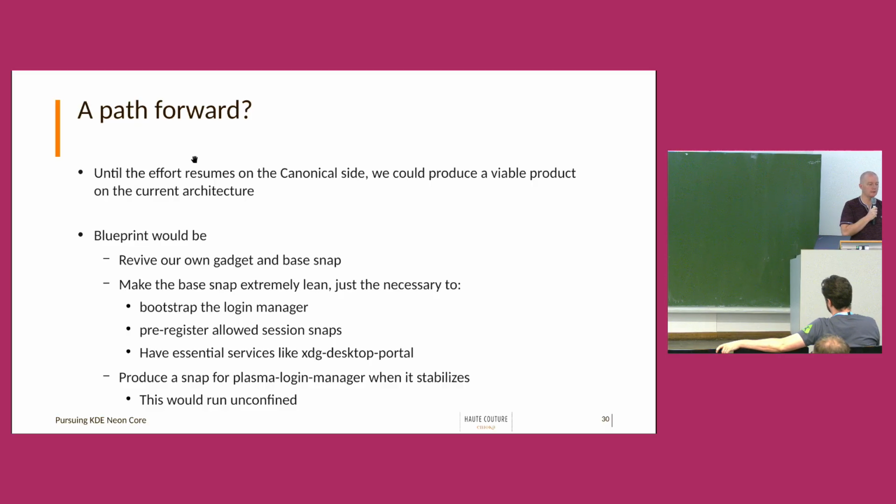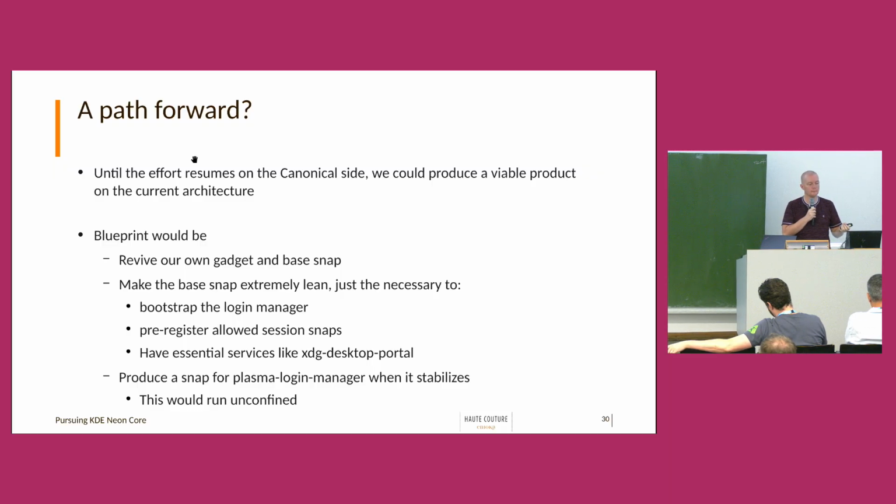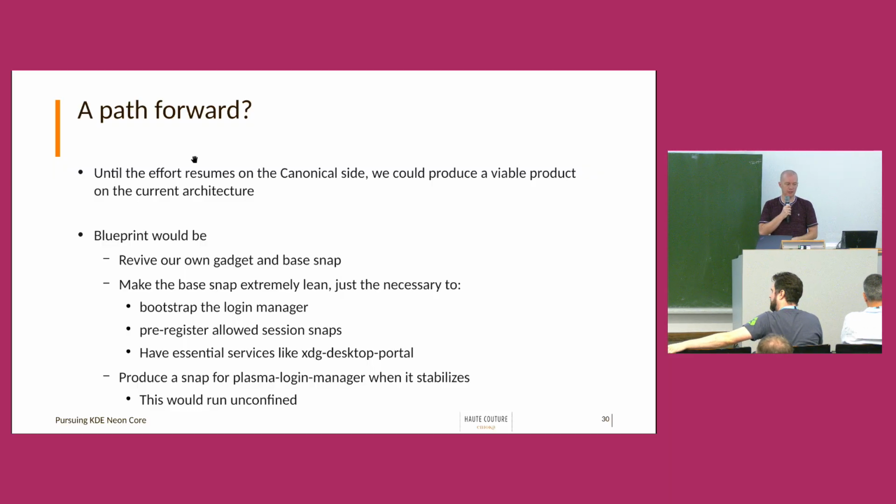But you just don't confine it. Have a couple of essential services, like the ones for which they didn't introduce interfaces yet, and especially XDG Desktop Portal. And then we can produce a snap for Plasma Login Manager, for instance, when it stabilizes, and run just this one unconfined.